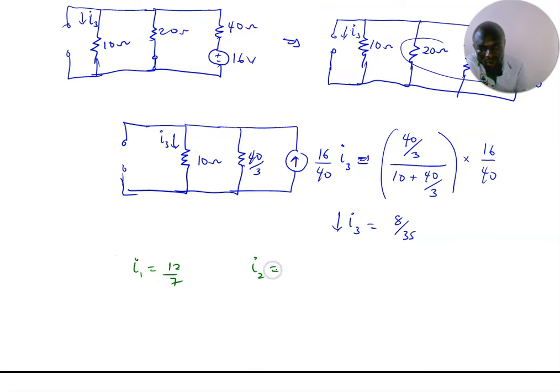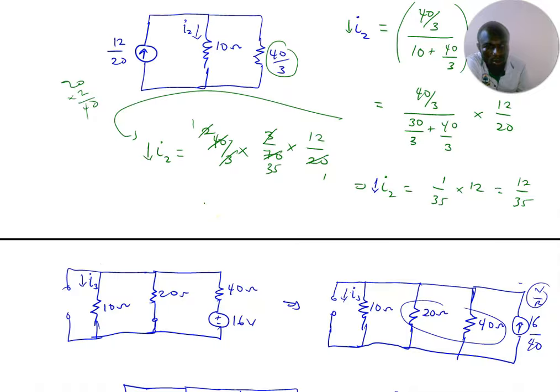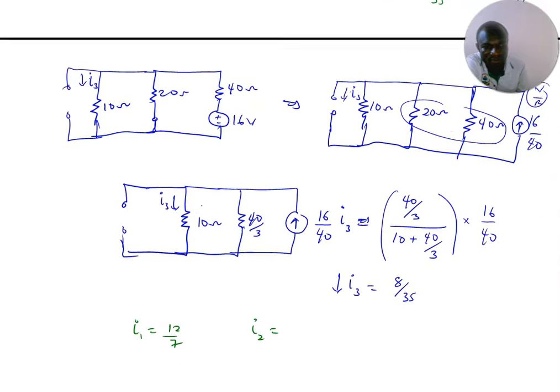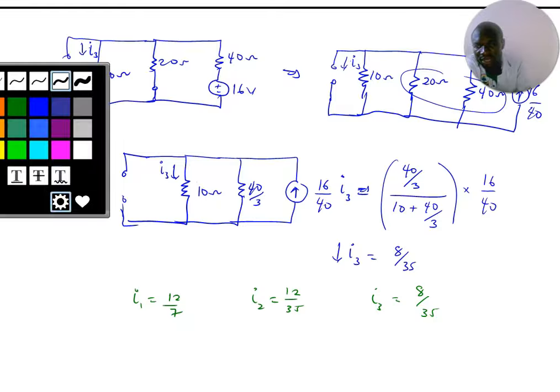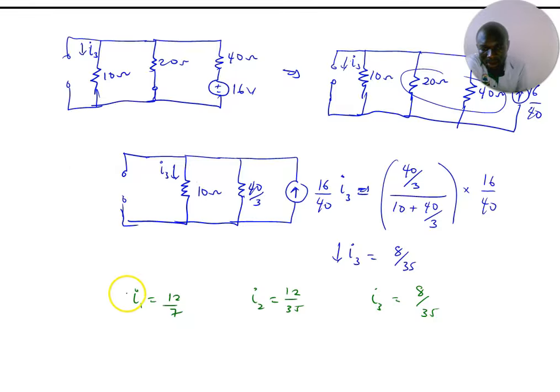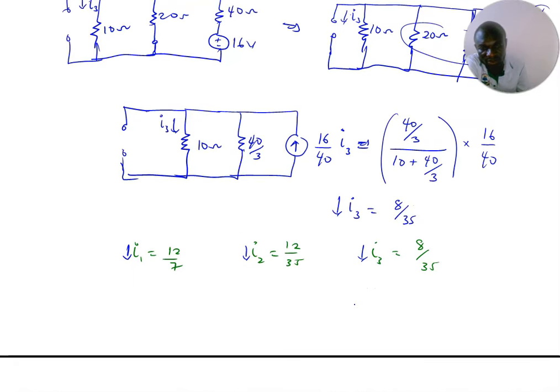I2 was equal to 12 on 35. And I3 is giving us 8 on 35. And they are all moving downwards, so they are all positive, since they are all moving in the direction of the 10 ohm.